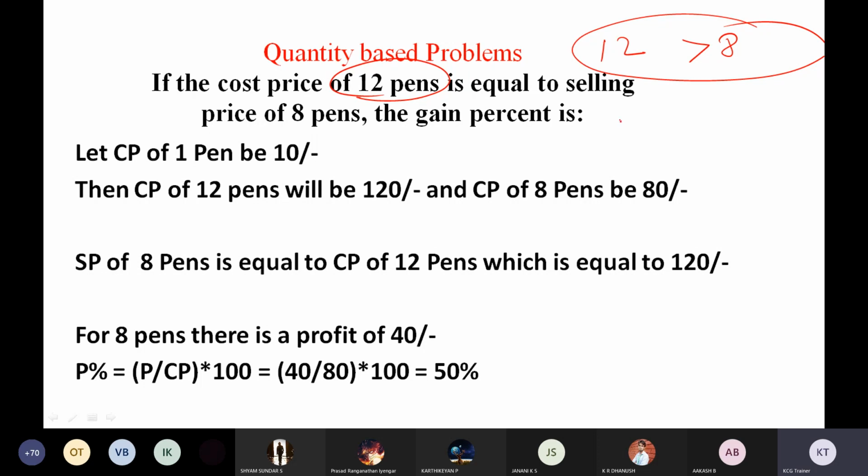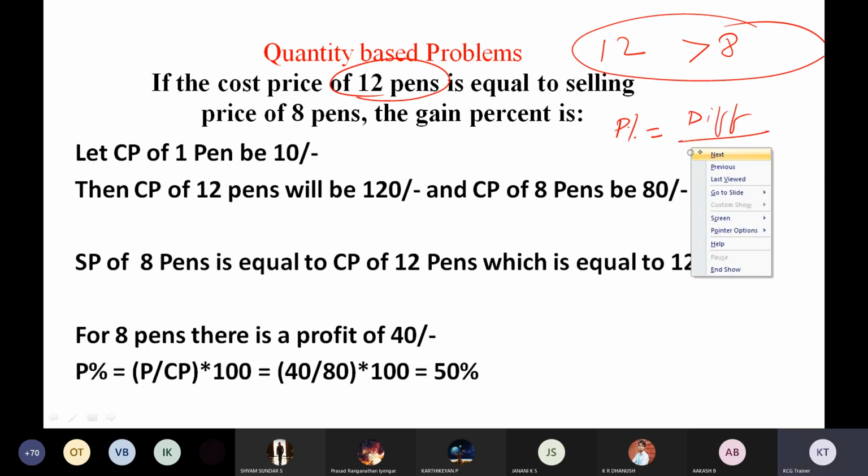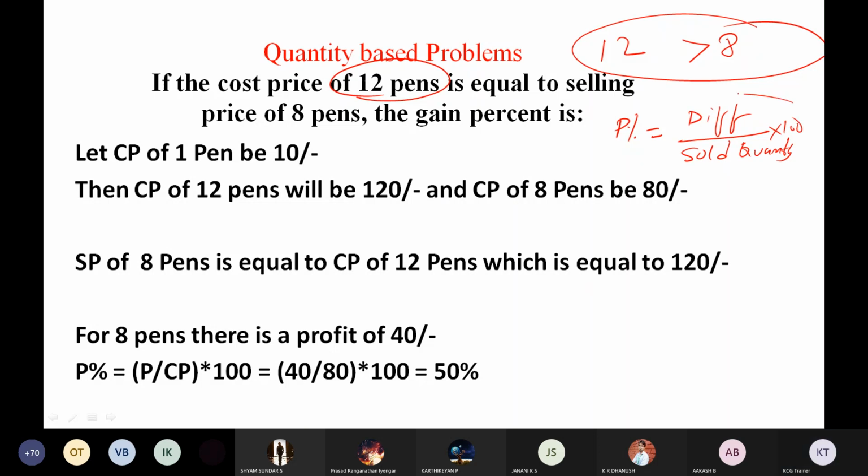How to calculate the profit percentage? Difference divided by sold quantity into 100. What is the difference between 12 and 8? 4. How many have been sold? 8, into 100. That is 50%.